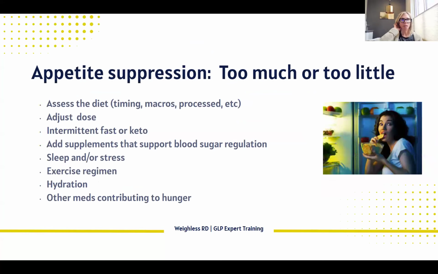Okay, this is the last slide. I just wanted to talk a little bit about it because I think it's important. I alluded to it a little earlier. Hunger, or appetite suppression, what is our goal, right? Because patients, for the most part, want it to be gone. And that shouldn't be the goal. The goal should be making sure that they're getting satisfied in other things, right?